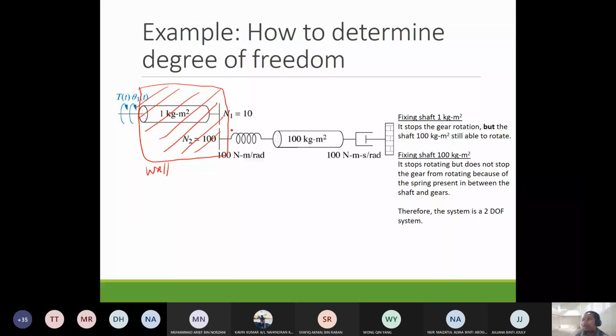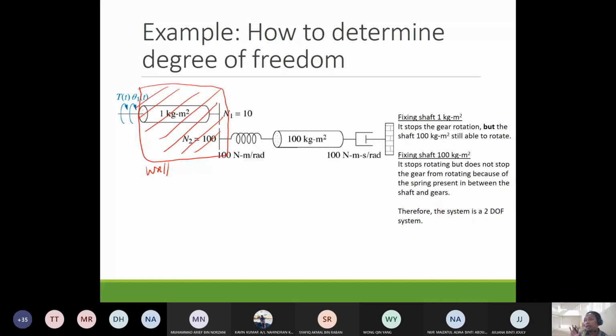Because you have a spring, a shaft, and a damper located in between walls, this is actually 1 degree of freedom. Meaning that this 100 kg meter squared shaft can still move, can still rotate.